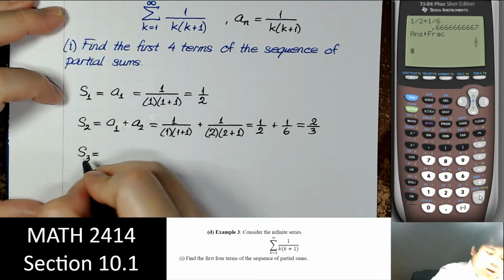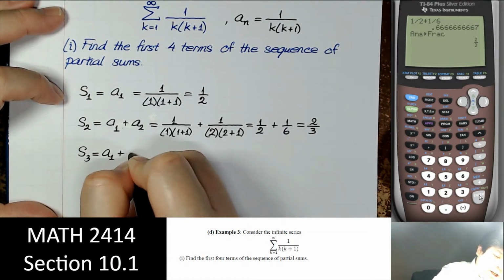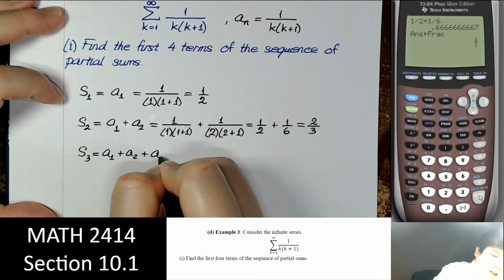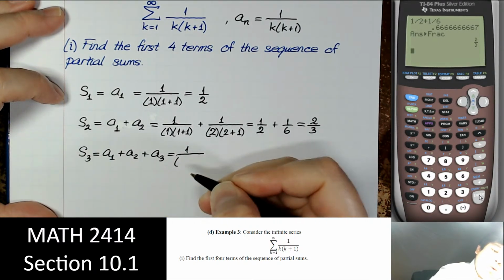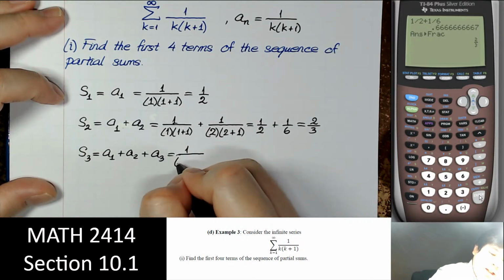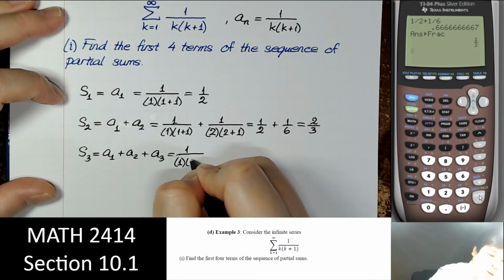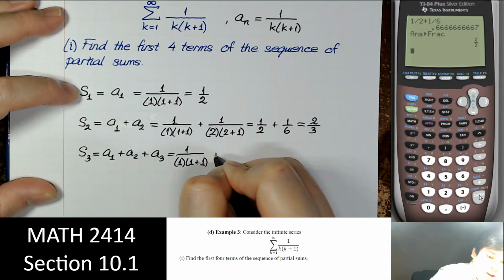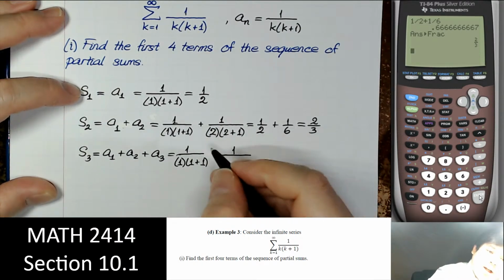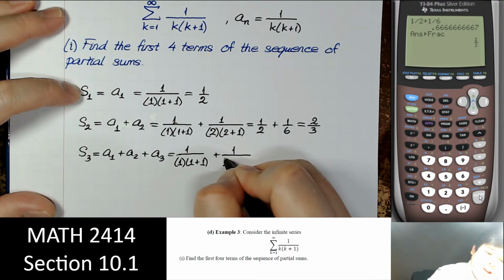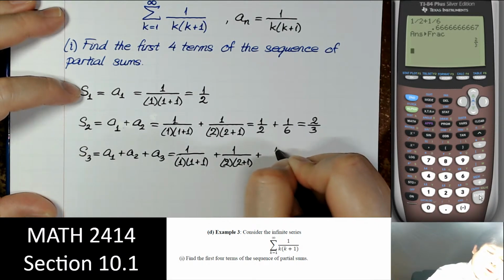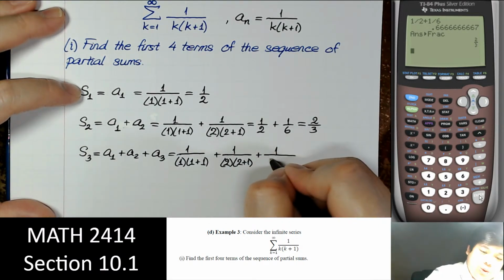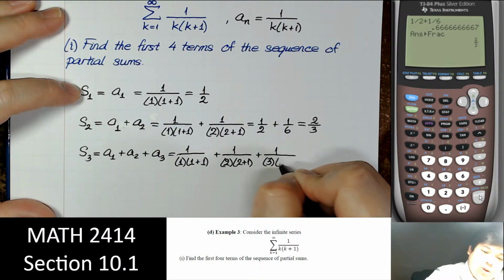S3 is the sum of the first three terms, A1, A2, A3. The first term, put 1 in for k, 1 times (1 plus 1). k is equal to 2, 2 times (2 plus 1). k equal to 3, 3 times (3 plus 1).